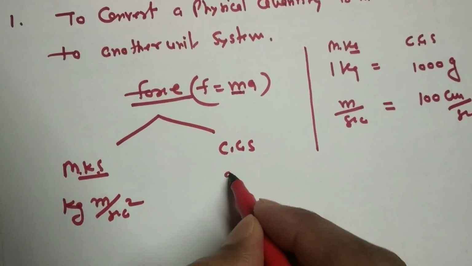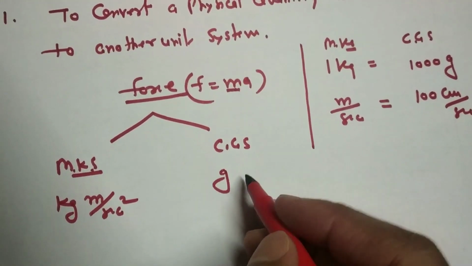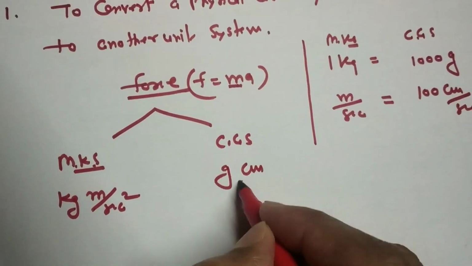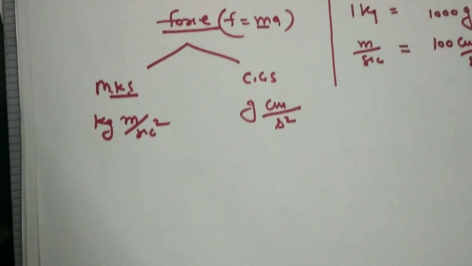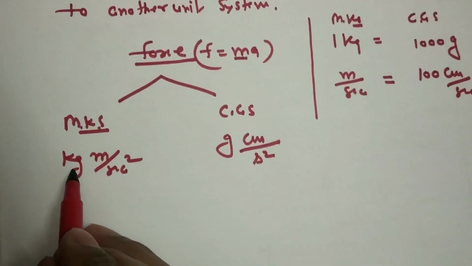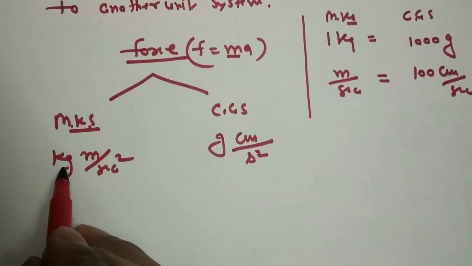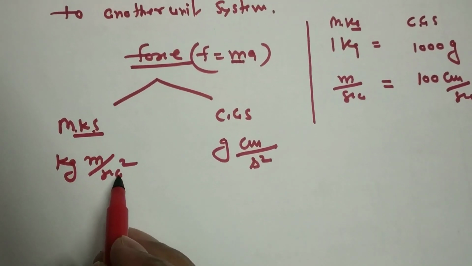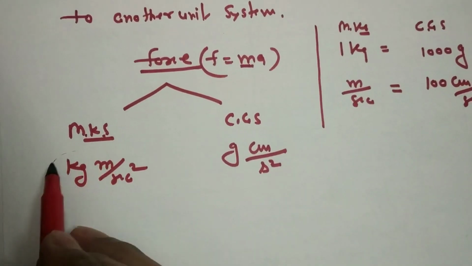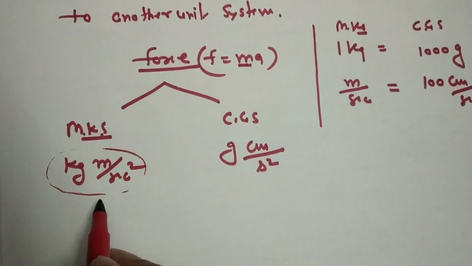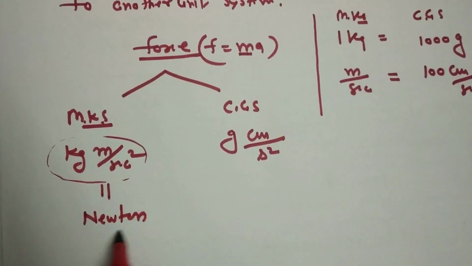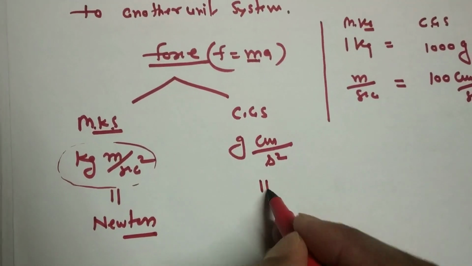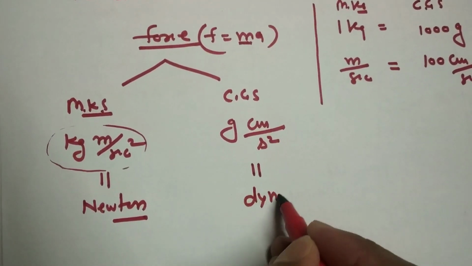In CGS, mass we will take in gram and acceleration will be centimeter per second square. Clear? So 1 kilogram into 1 meter per second square, total this unit will be equals to Newton. This unit is equals to dyne.